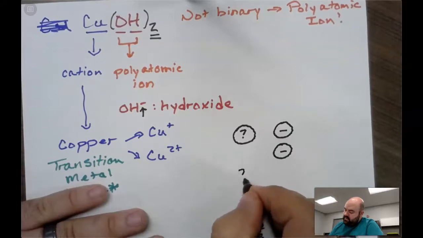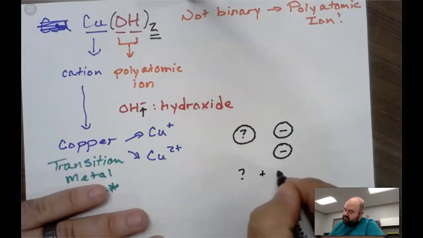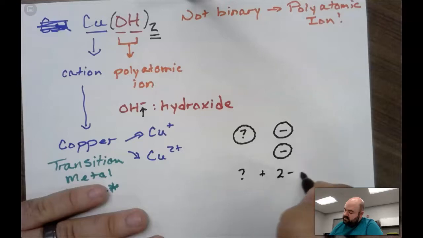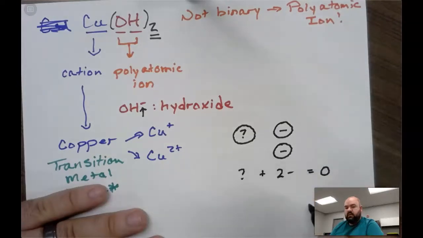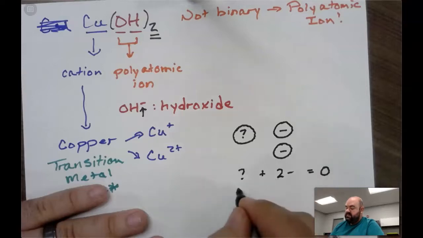So this plus 2 minus has to equal 0 for a net charge of 0 in an ionic compound, because remember that positive charges and negative charges have to add up to 0 in an ionic compound. So this has to be plus 2.